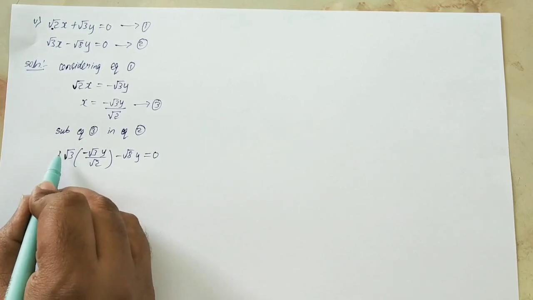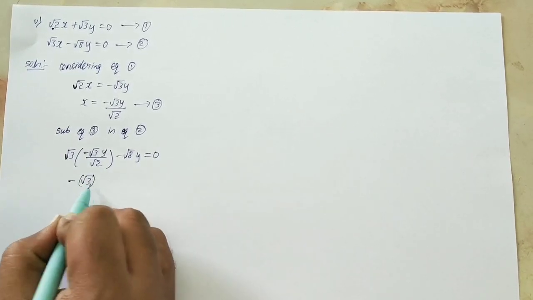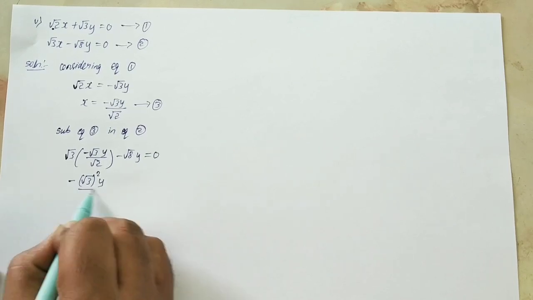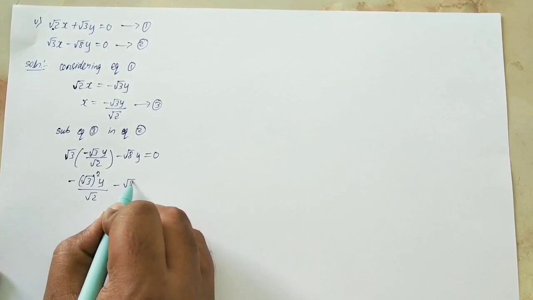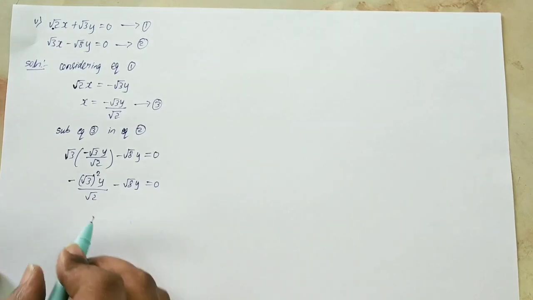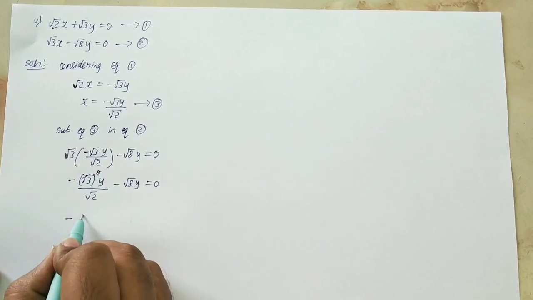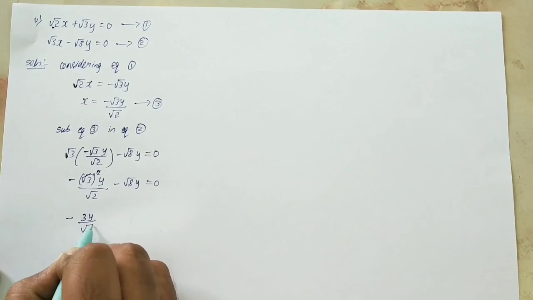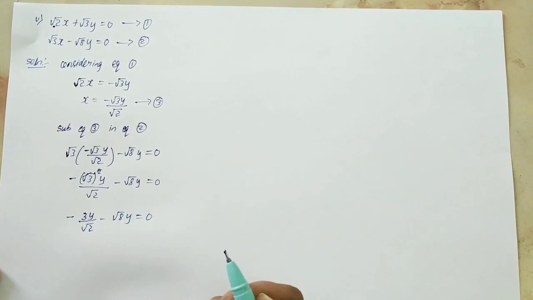Now plus into minus, root 3 into root 3, whole square, y divided by root 2 as denominator, minus root 8y is equal to 0, right? So this minus as it is, here square and square root cancel. So remaining minus 3y by root 2 minus root 8y is equal to 0.